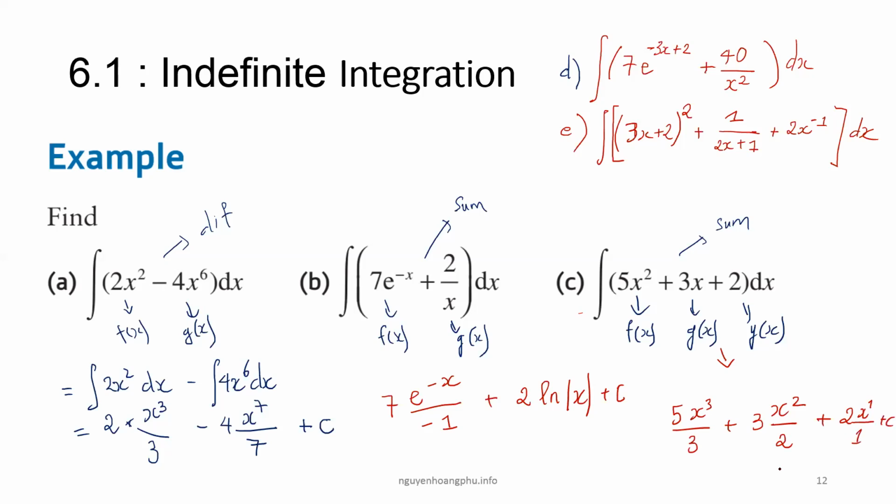Plus c. So it's going to be equal to 5/3 x^3 plus 3/2 x^2 plus 2x plus c. Okay.